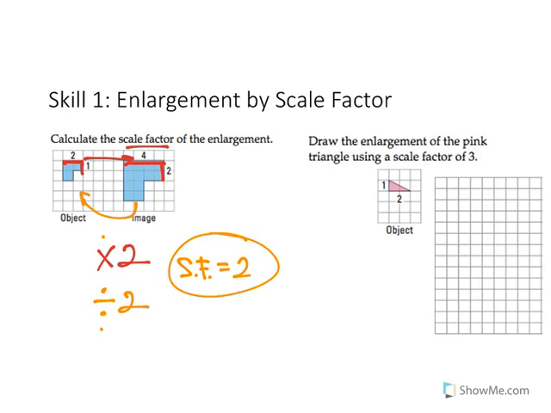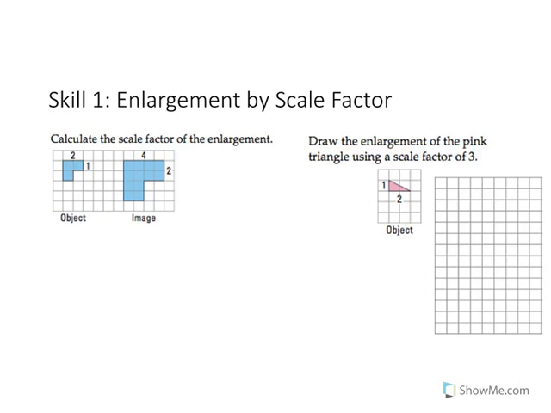Now in the next example on the right, draw the enlargement of the pink triangle using a scale factor of 3. So at this time, pause and try it. If we notice the shape is 1 tall, 1 times 3 makes 3. So the new triangle has to be 3 tall: 1, 2, 3.